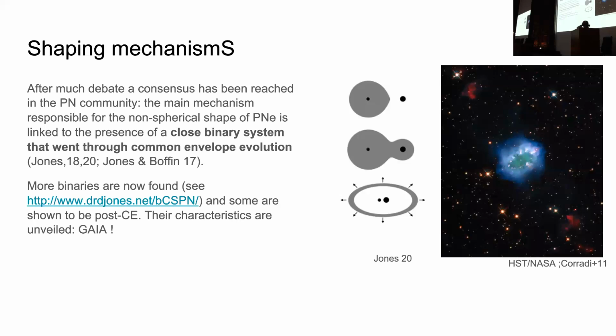And now we were discovering more and more close binary objects. I can reference the article by David Jones, who shows this in 2017, 2018, 2020. Actually, Dave is keeping a database where you can see all the binaries, not only the close binaries, but all the binaries detected in planetary nebulae.